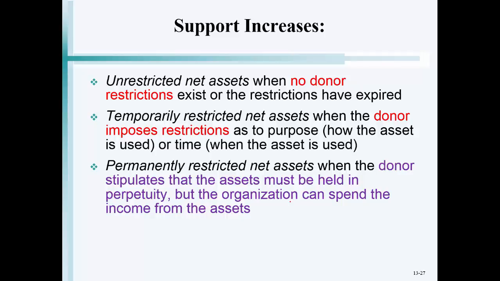Now I got to rewind and back up. Let's start. When those contributions come in, they come in either unrestricted, temporary restricted, or permanently restricted. Unrestricted means it is free of donor-imposed restrictions. Donor puts restriction, either temporary or permanent. It's going to be in those categories. And we saw how that statement of activities works, right?